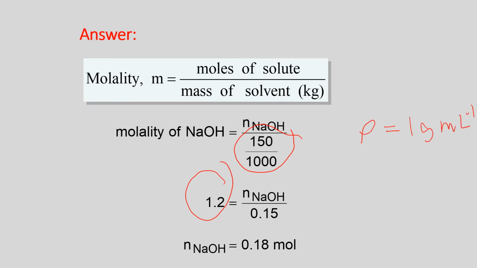So insert the mass of solvent, which is 0.15 kg. So the final answer is 0.18 mole for the number of mole of NaOH.